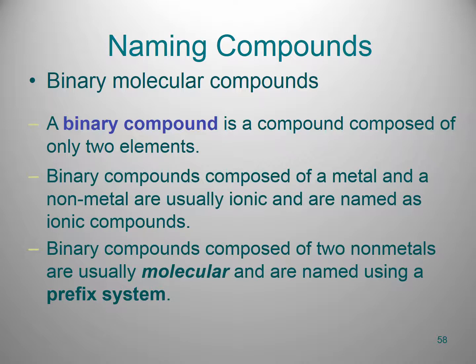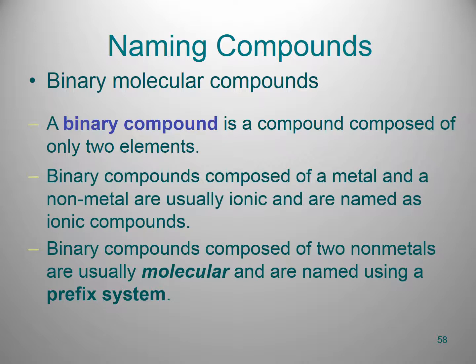And to elaborate on what I was talking about a little while ago, potassium and sulfur together make K2S. I don't have to tell you how many potassiums there are because S is a -2, potassium is a +1, so they're always going to form a 2-to-1 ratio. But I can't do the same thing with 2 nonmetals because they actually don't form charges and we can't balance them out.